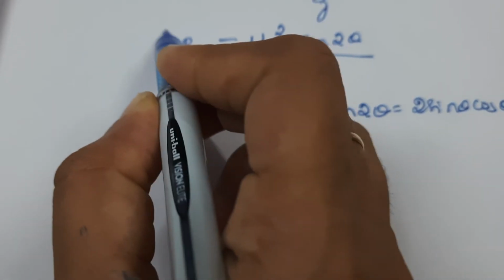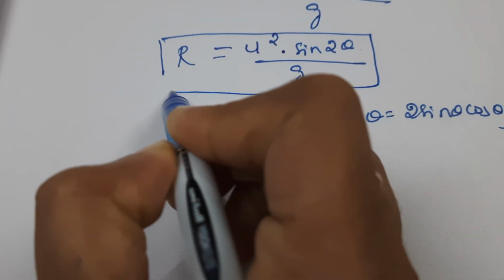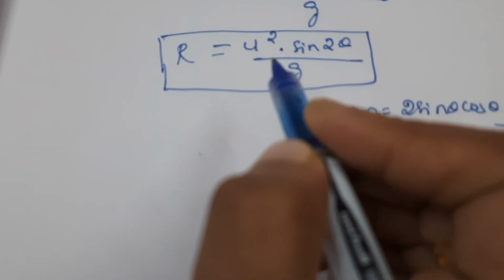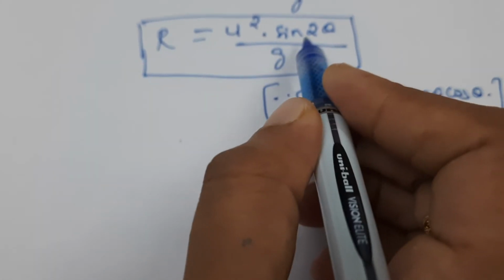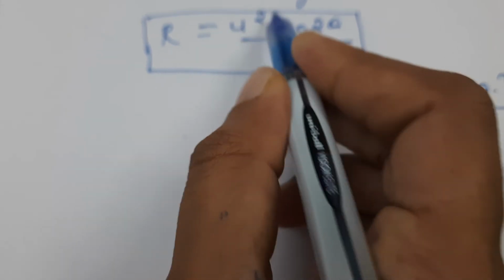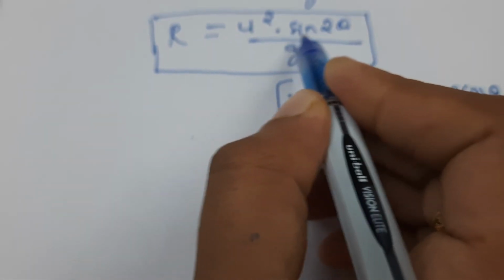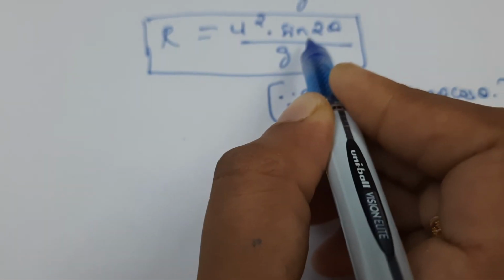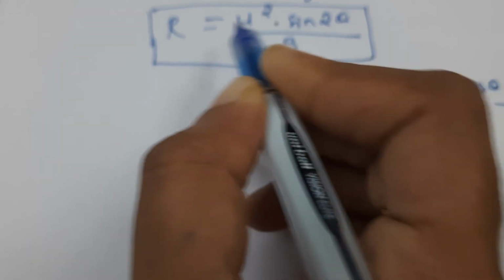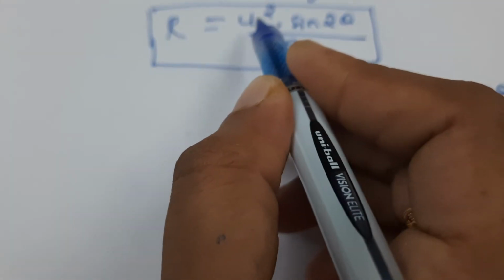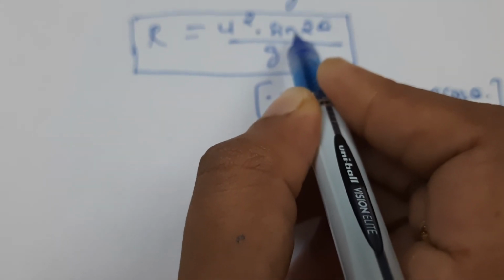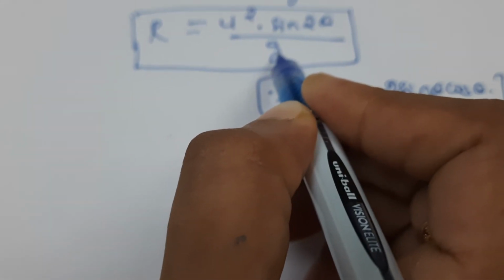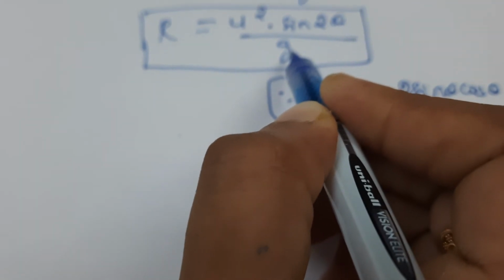So range R is equal to u squared sin 2 theta by g. The horizontal range is directly proportional to the square of the initial speed u and to sin 2 theta, and inversely proportional to the acceleration due to gravity.